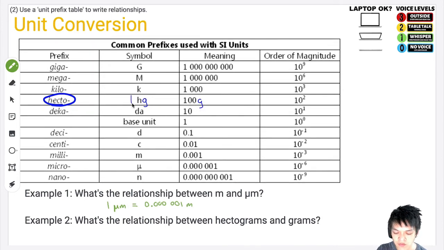You can write a 1 in front of hectogram and put an equal sign between these two different units. 1 hectogram equals 100 grams. I can write that down. So that's the relationship. Now remember, a relationship is basically two quantities that are equal to each other, and that's what we have. That's how you show a relationship.